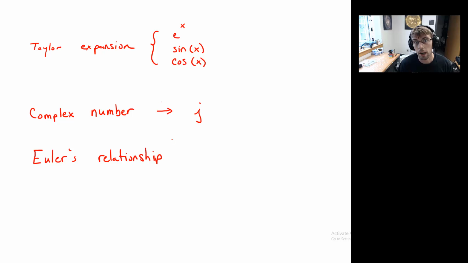And we can derive it, but at the end of the day, we'll find out that there's a very interesting phenomenon that occurs when you take the natural number e and raise it to an imaginary power. I know that seems weird, doesn't it? So when we take e and raise it to the imaginary number, we end up with a very interesting relationship that we're going to take advantage of.